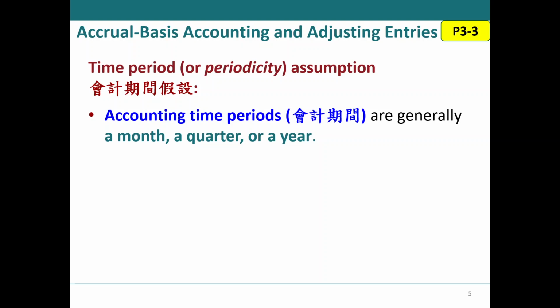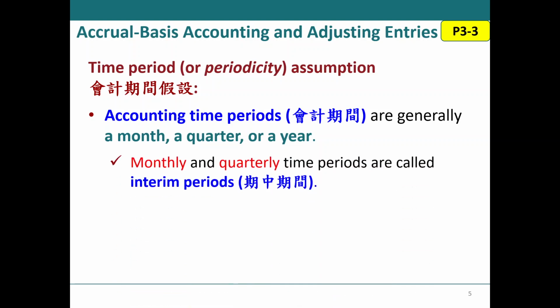So when the time period is only for 1 month or only for 1 quarter, which means not 1 year, we call it interim period, 期中期间. Okay? We call it interim periods.